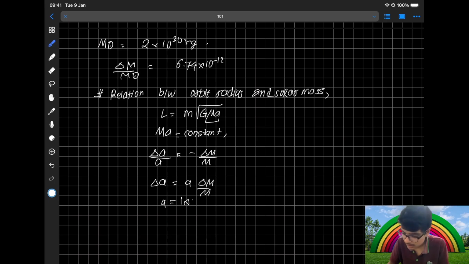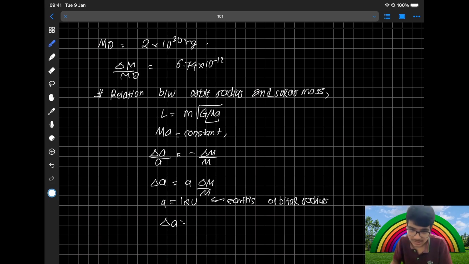A equals 1 AU, which is the Earth's orbital radius. Let us consider this orbit as circular, then we'll consider a is 1 AU, the average distance between Earth and the Sun.